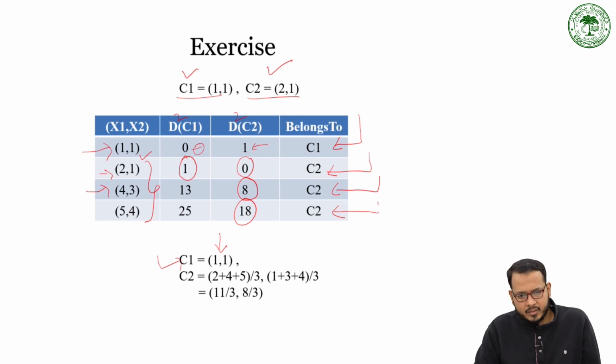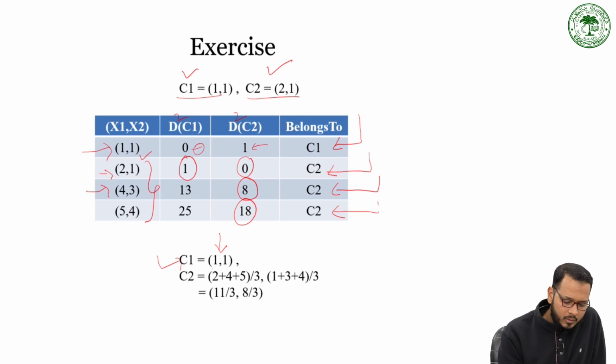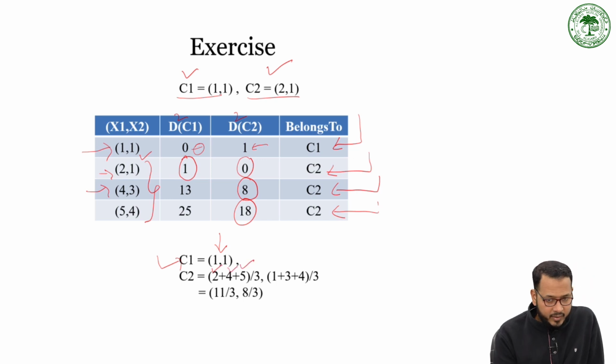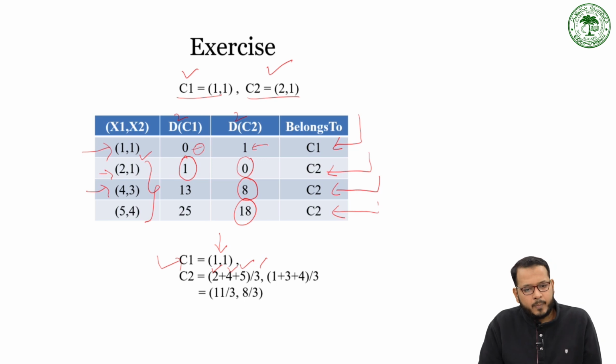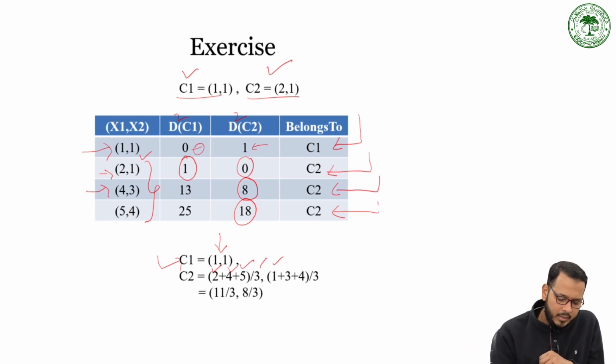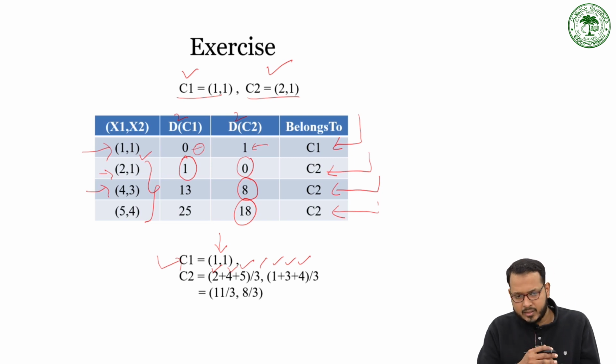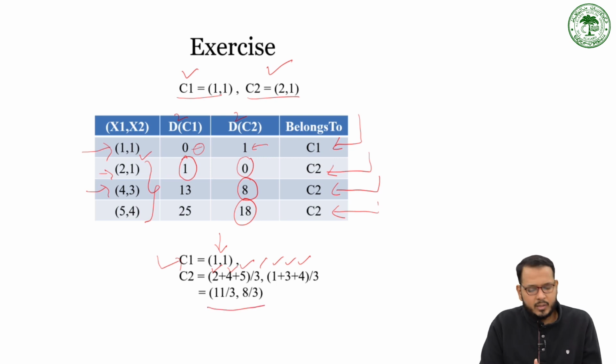So we will add their x-axis values 2, 4 and 5 and take the average, which means divide by 3. This becomes the x coordinate. Similarly, we take the average of the y-axis values: 1, 3 and 4 divided by 3, because there are 3 points. And this 11 by 3 and 8 by 3 becomes the new centroid location for C2.